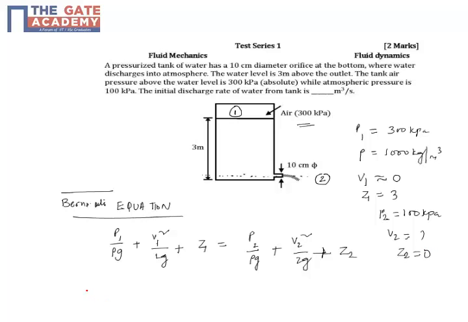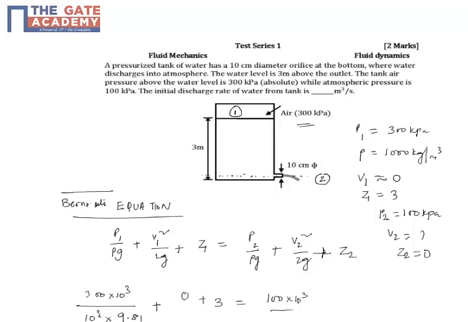So let me substitute. P1 is 300 kPa, kPa is kilopascal, so 10 power 3, divided by density 10 power 3, and g is 9.81, plus velocity V1 is 0 and Z1 is 3, equals P2 is 100, atmosphere pressure into 10 power 3.